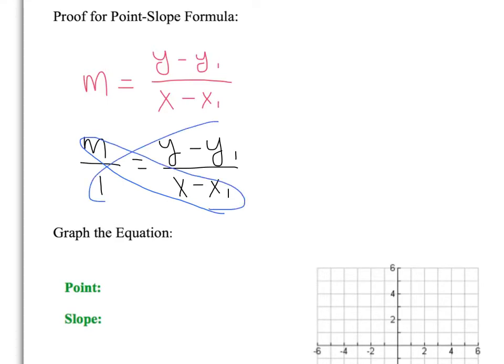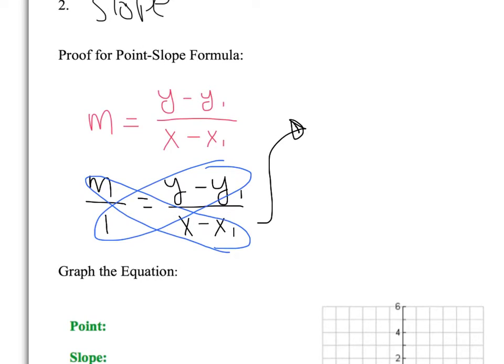You can cross multiply. Now, when you cross multiply, remember, if you have more than one variable, you are going to have 1 times y minus y1 equals m times x minus x1.